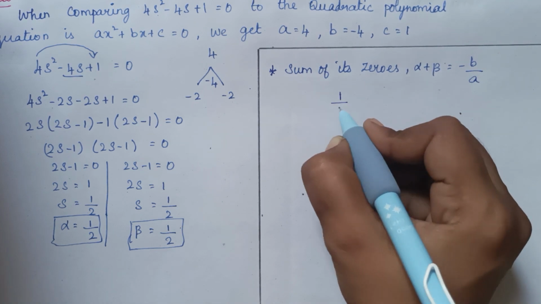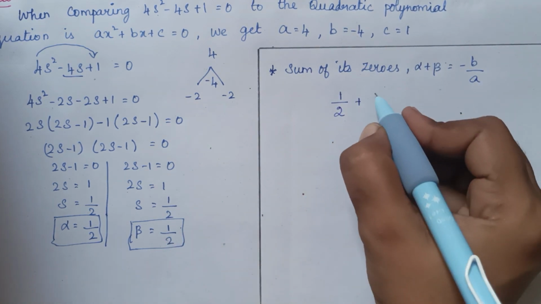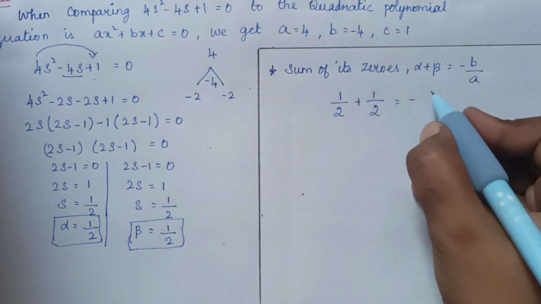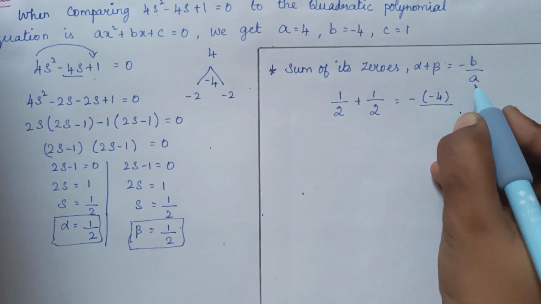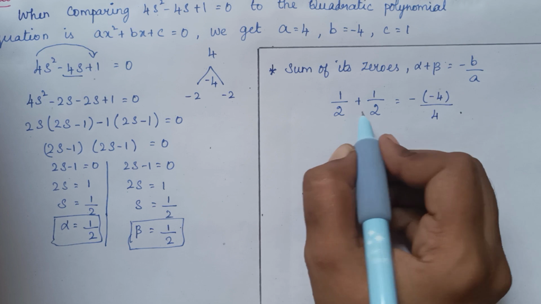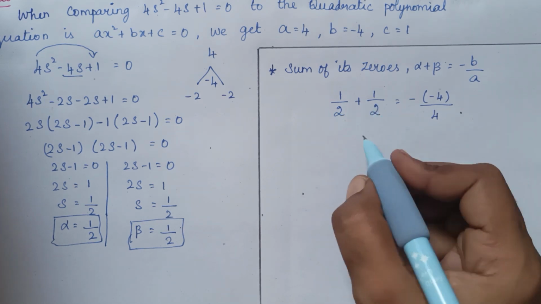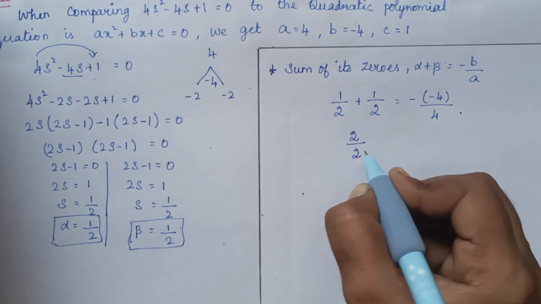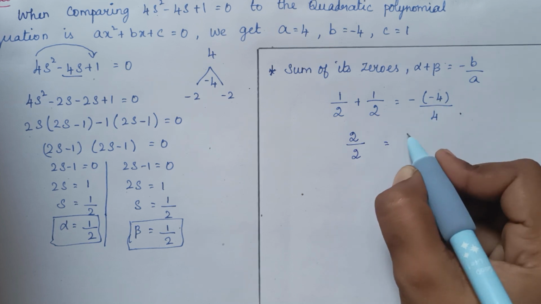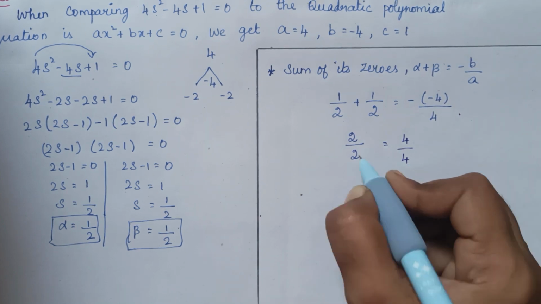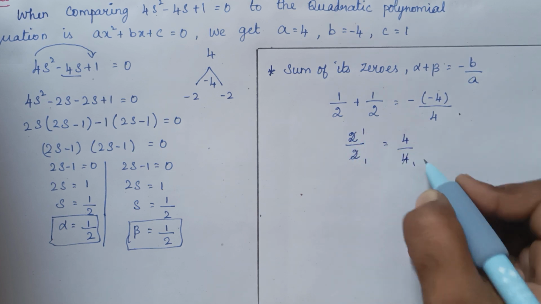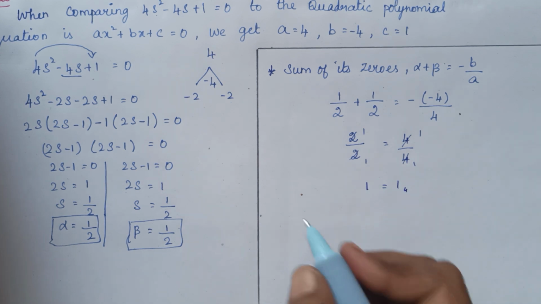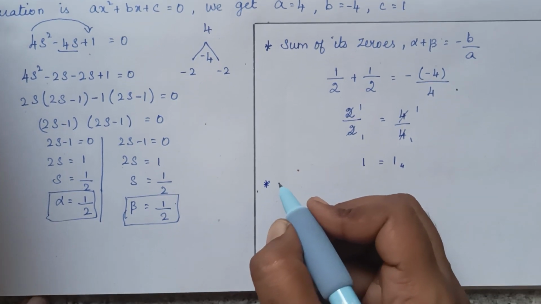So write 1 by 2 plus the beta value 1 by 2 is equal to minus b, what is the value of b? Minus 4. Minus of minus 4 by a. The a value is 4. Now the denominator is common, so we can add directly. That is 1 plus 1 is equal to 2 divided by 2, which is equal to, minus into minus is plus, 4 by 4. So we can write 2 ones are 2, 4 ones are 1. Here 1 is equal to 1, so the answer is equal. Next we want to verify the product of its zeros.